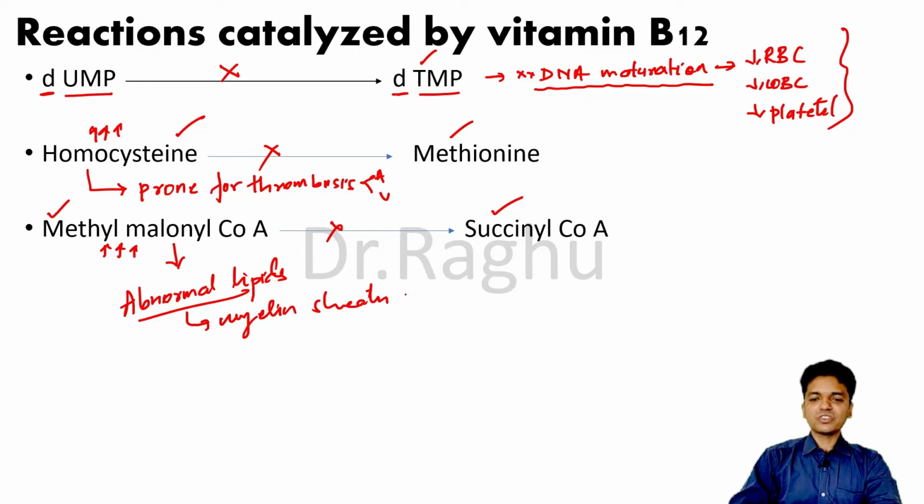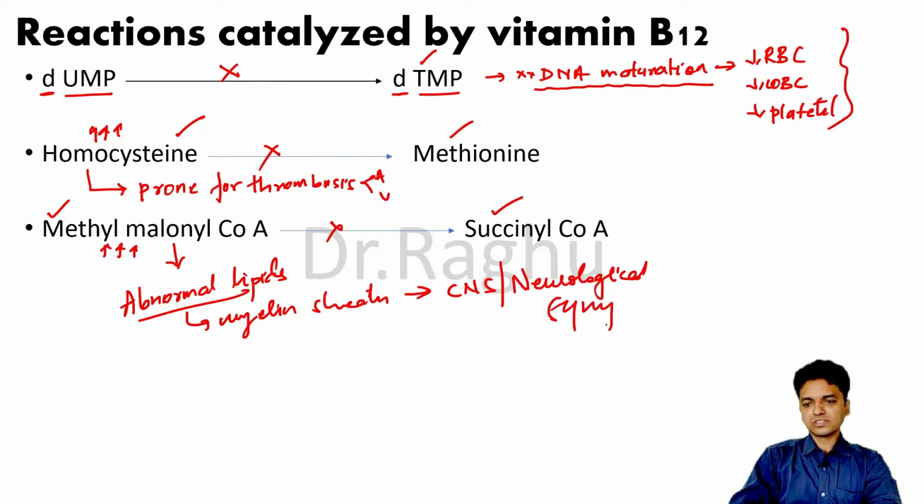This is going to lead to central nervous system or neurological symptoms. So these are the three important reactions catalyzed by vitamin B12, and I told you what is going to happen if these reactions do not take place in the body because of lack of vitamin B12.